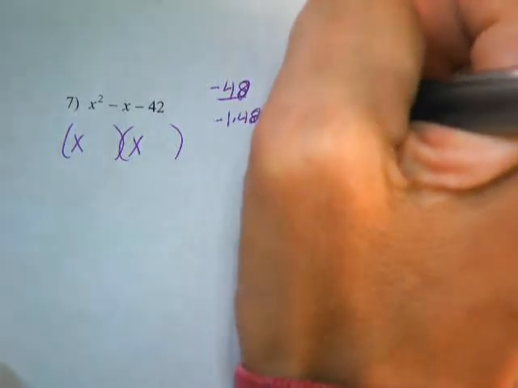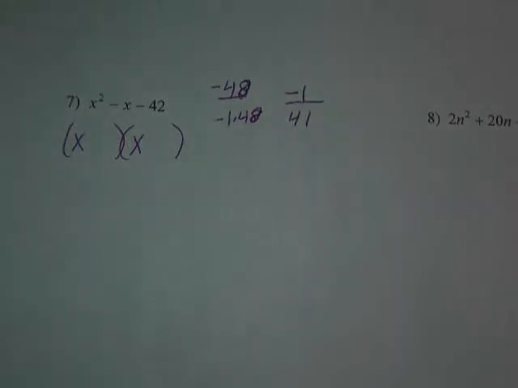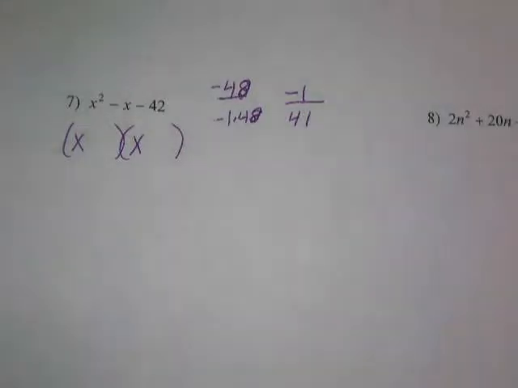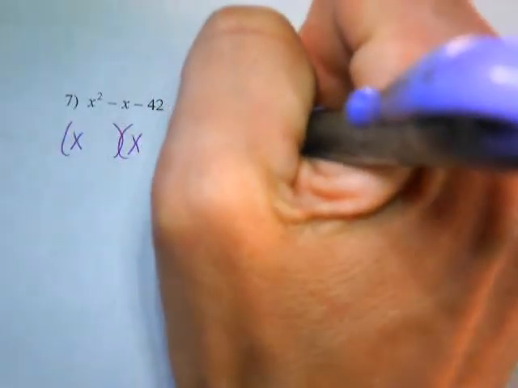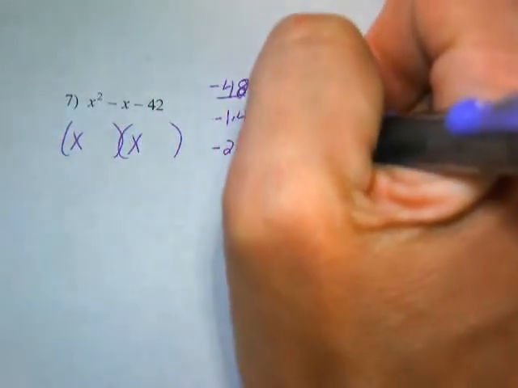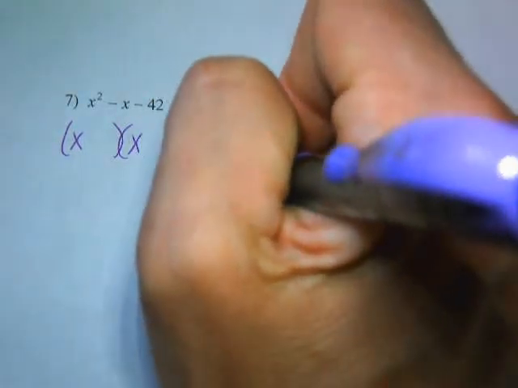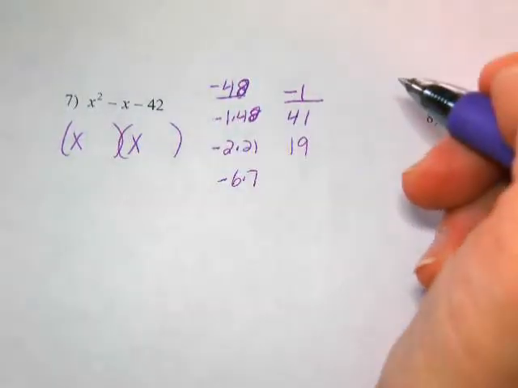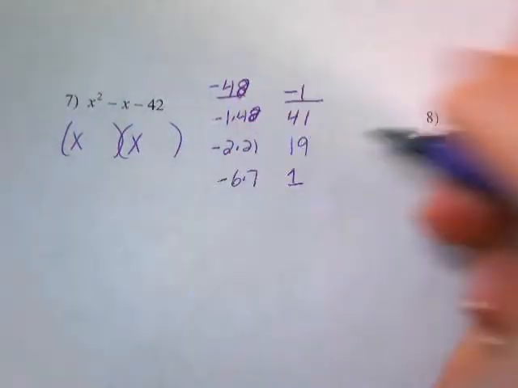It's pretty obvious right away that I'm not going to get negative 1. So I'll try negative 2 and 21. It's still not going to give me negative 1. Negative 6 times 7 gives me a positive 1.